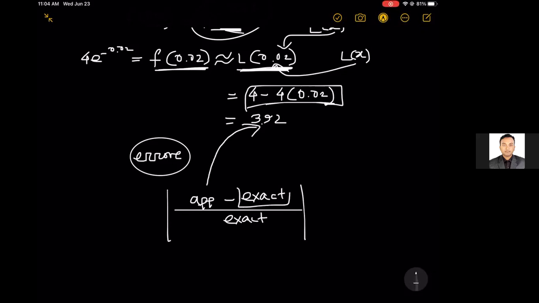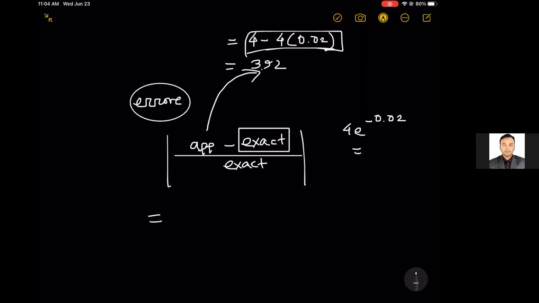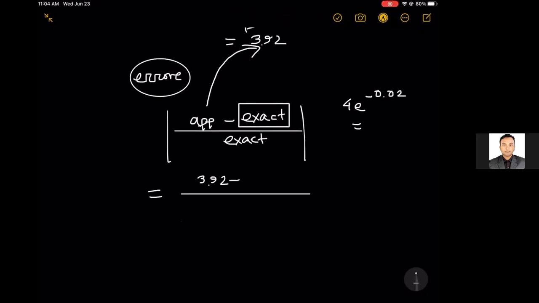And you can find the exact value using the calculator. Just plug in 4e to the negative 0.02 in the calculator. You will get some value. Can you do it for me? Anyone? What's the value of this? And we can use this to find the error.